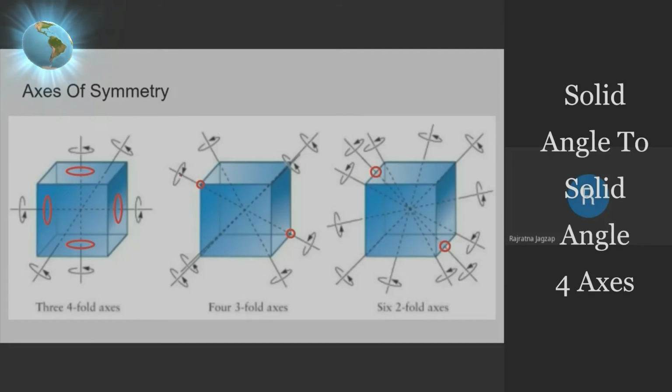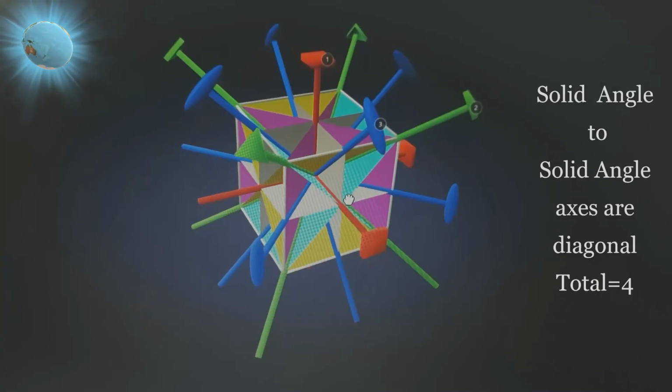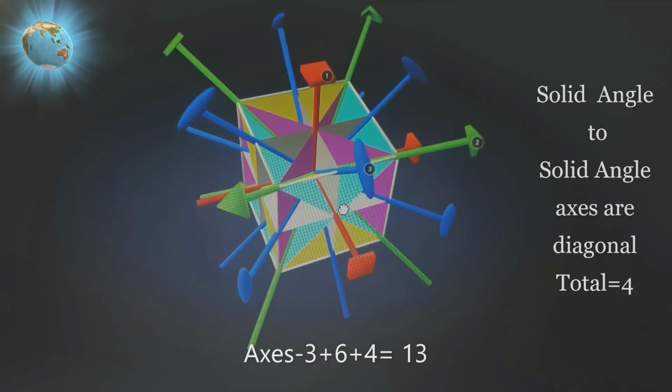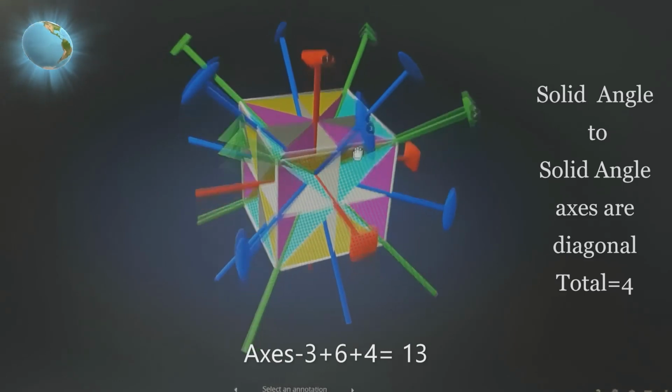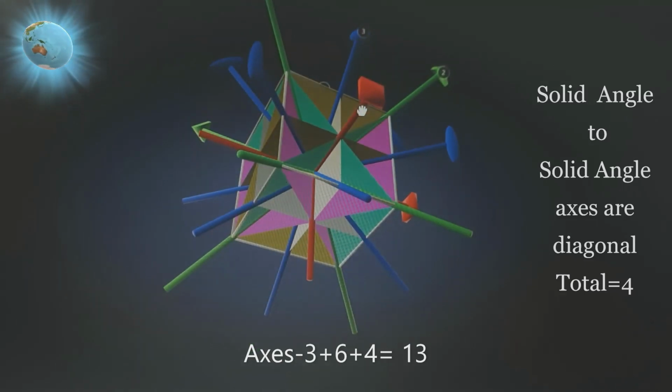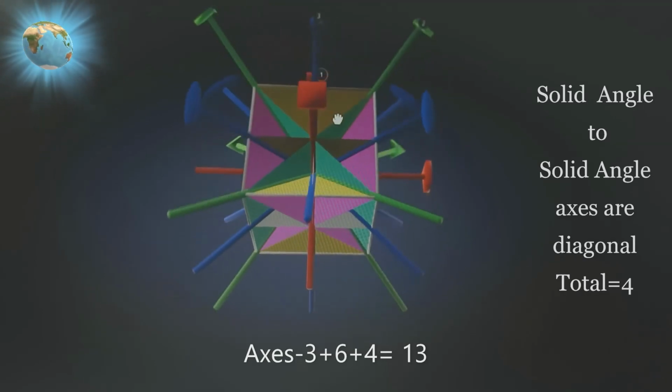So axes are 4. 1, 2, 3, 4. Axis going from solid angle to solid angle. This is solid angle. This is axis 1, 2, 3, and 4, which has already covered the bottom 4 solid angles, isn't it?